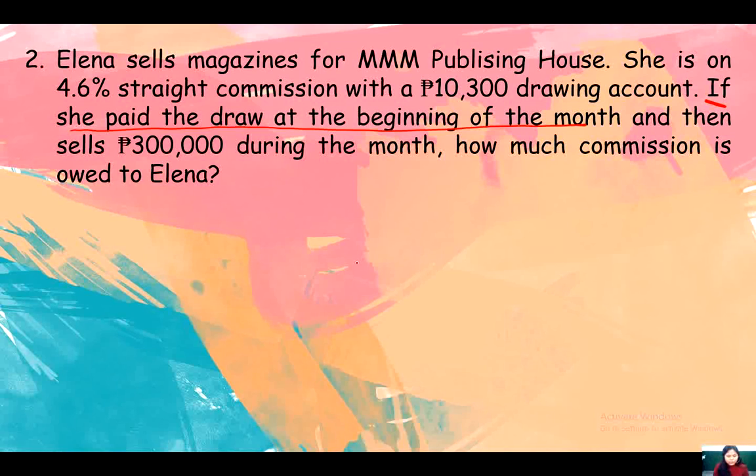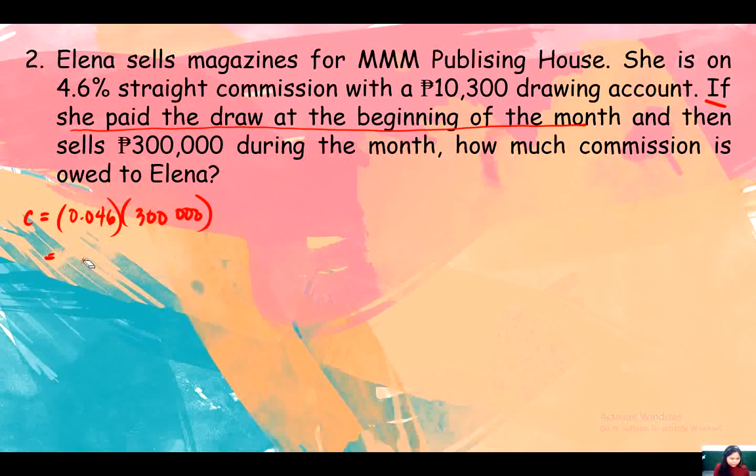First, let's get the 4.6% straight commission doon sa 300,000. Okay? So, 4.6% is equal to 0.046. So, multiply it to 300,000.